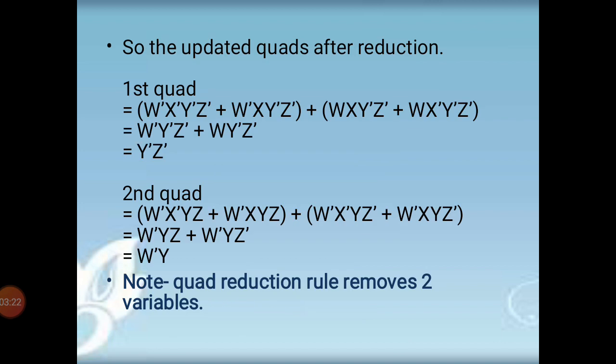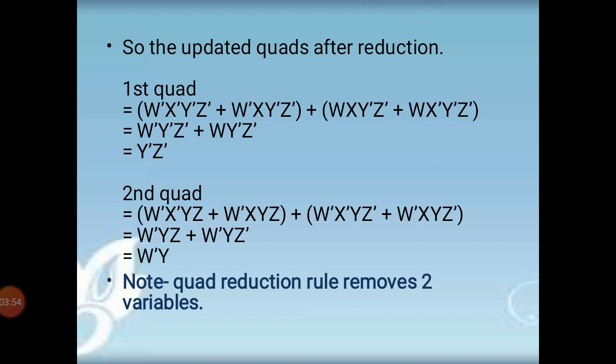Now we will remove the variable that changes in the first and second quad. Looking at the first quad, W complement changes to W, and X complement changes to X. So we remove W and X variables, and finally we got the expression Y complement and Z complement.